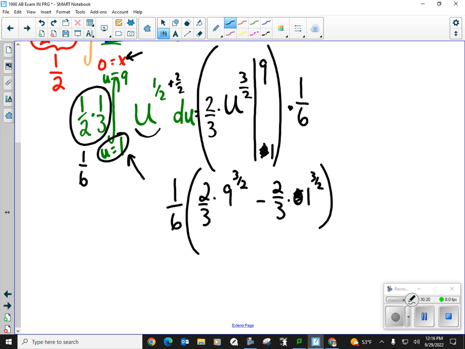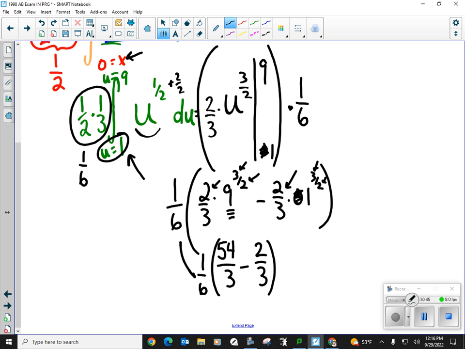The square root of 9 is 3. 3 cubed is 27. 27 times 2 is 54/3 minus, square root of 1 is 1, 1 cubed is 1, 1 times 2/3 is 2/3, times 1/6. This bad boy comes for the ride.